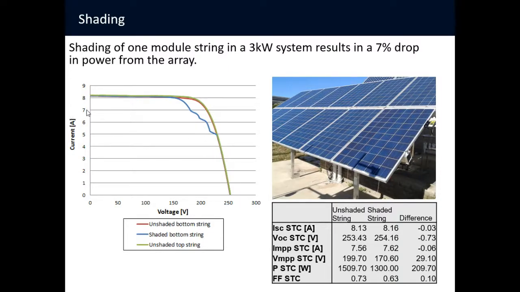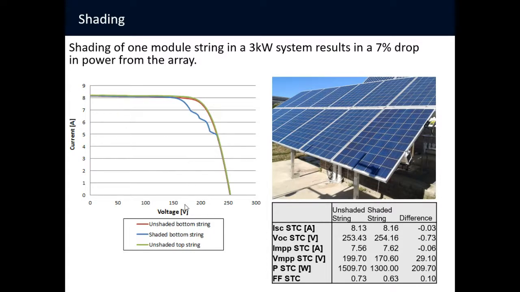But you can pick that up when you look at the IV curve of the shaded bottom string, which is the blue IV curve here, where you can see a series of bumps which indicate that a bypass diode has been activated. A bypass diode over a cell string would be activated if there is shading or some mismatch present.